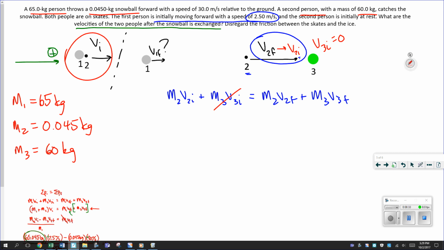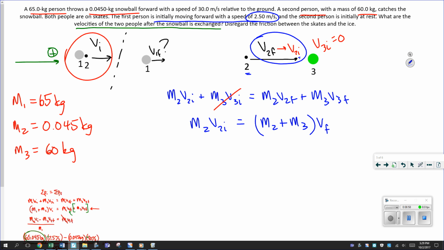And because of the intricacies of this situation, you have to imagine that the snowball totally sticks to the person, so they act as M2 plus M3, a combined system that now has some final velocity afterwards.